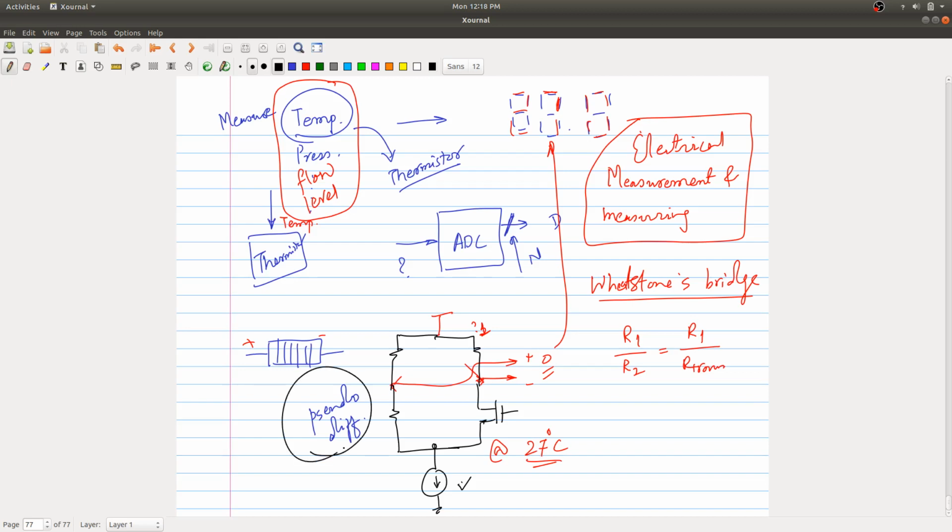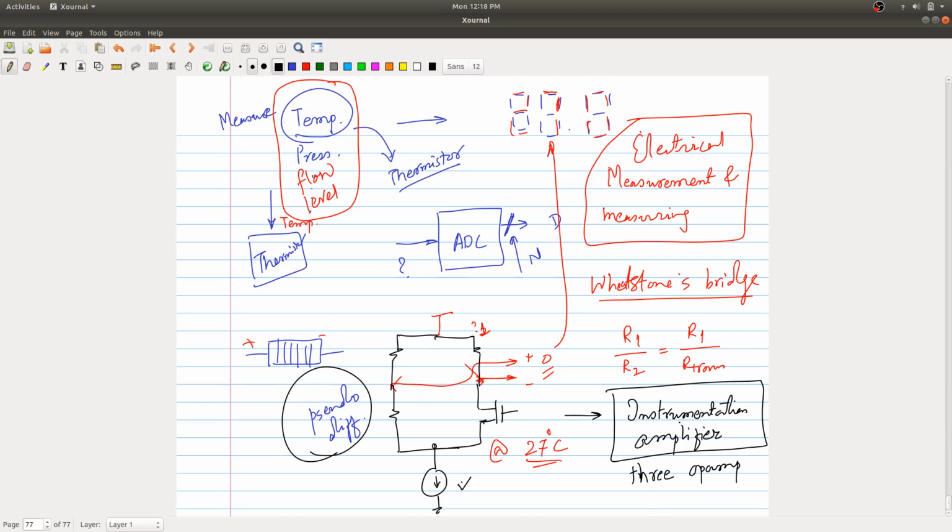This was one way, and afterwards people are using something called an instrumentation amplifier, which needs a 3 op-amp configuration. All those things we are doing for only one reason: we want to control the common mode. It's a configuration you can read in any book, for those who have not studied.